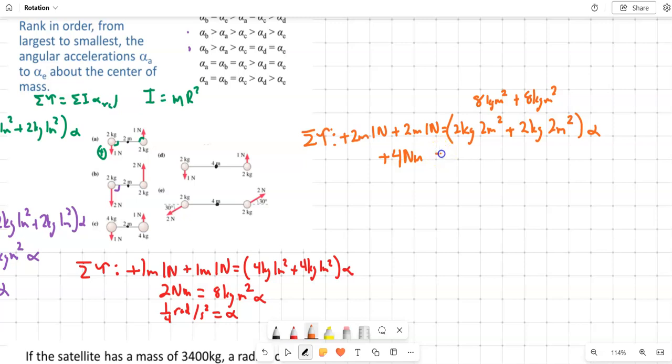So overall, this right-hand side is going to be 16 kilogram meters squared of moment of inertia times alpha. So this is going to be 4 divided by 16. So that's going to be 1/4 radian per second squared. And that is the alpha for D. So it looks like D and C have the same alpha.